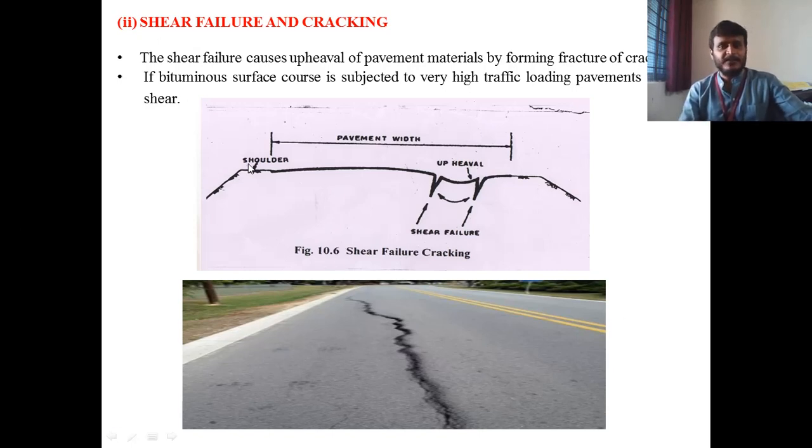This is a typical example wherein along this crack you can see the upheaval of the bituminous material. This is an example of shear failure, and as I said, the causes are excessive wheel loading and low shearing resistance of the pavement mixture.